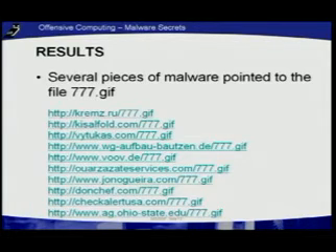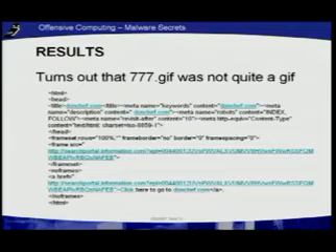But if you actually download 777.gif, you'll find that it's not quite a GIF file. It's actually a little bit of HTML, a little CSS. And it calls its malware buddies and says, hey, we're having a party at this computer. Come on down. So that's one example of the things that we find correlating the data from PISDA.